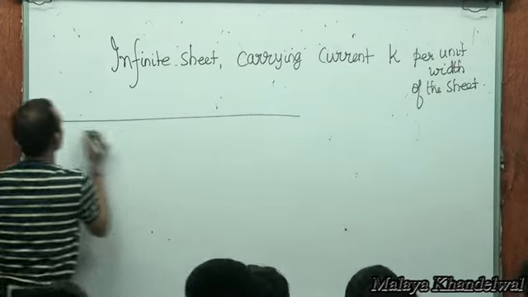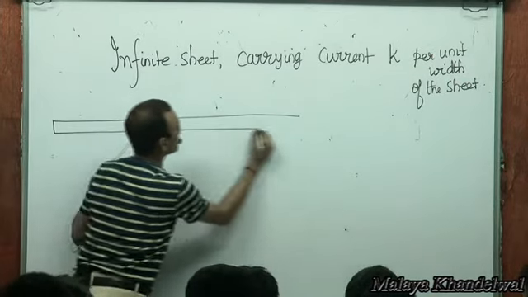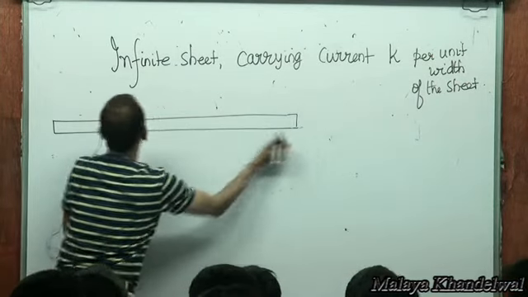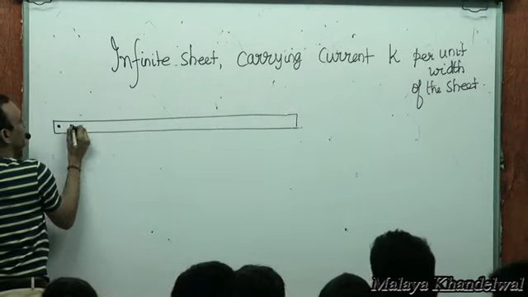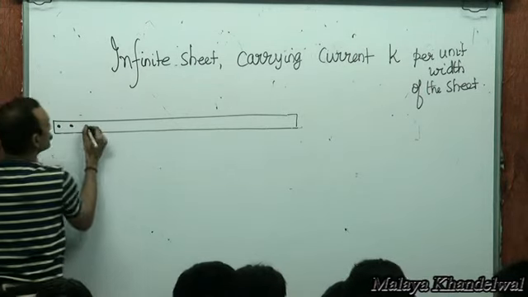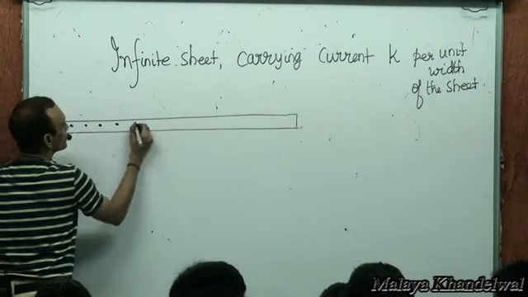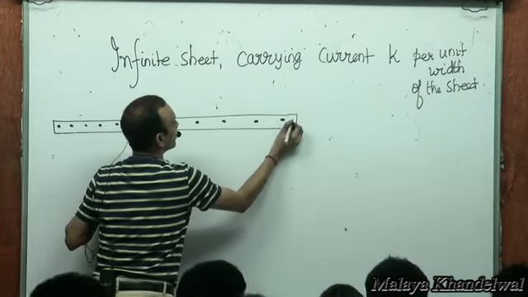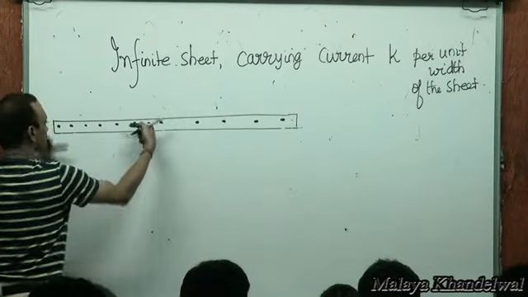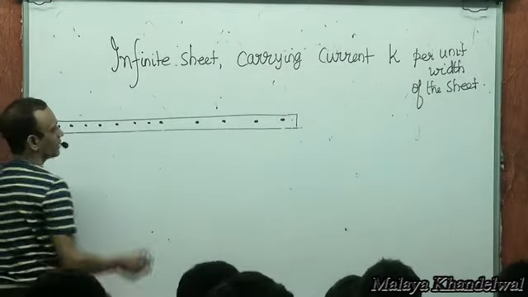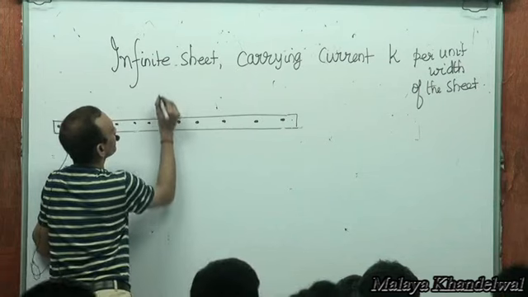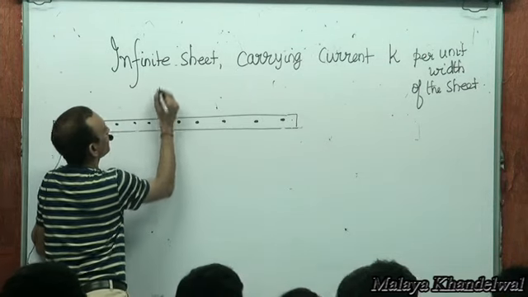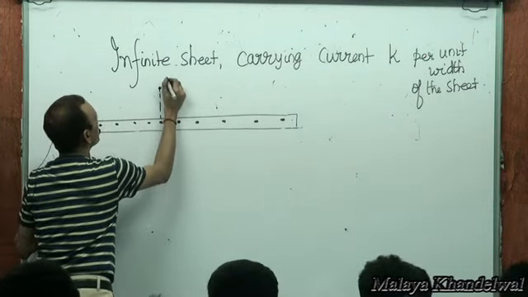See, this is the sheet, and say current comes out of the plane of the board. This current is, say, coming towards you. These are all current coming out, right? This is a point P.